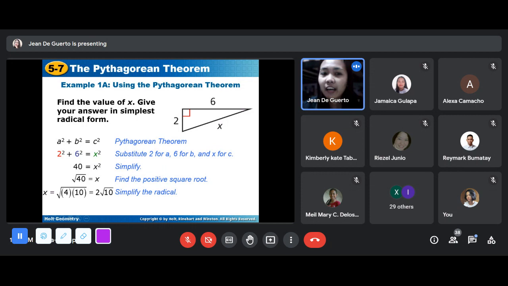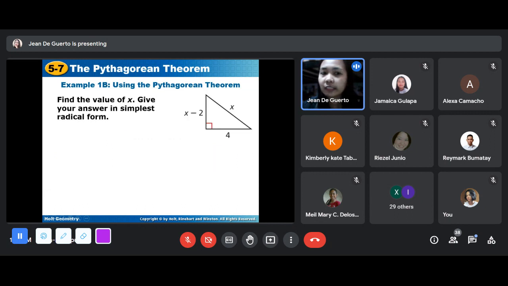Yes, we have 2 square root of 10. Yun na yung value ng x natin. Square root of 40 could be factored as square root of 4 times 10. So kukunin natin yung highest perfect square factor ng 40. Isa lang naman ang perfect square factor ng 40 and that is 4. So you have 2 square root of 10. Okay, letter B.